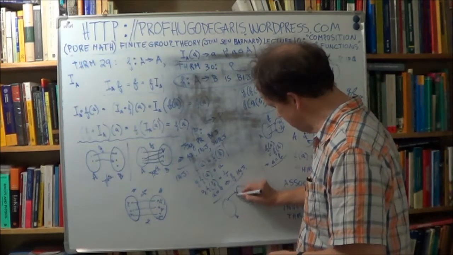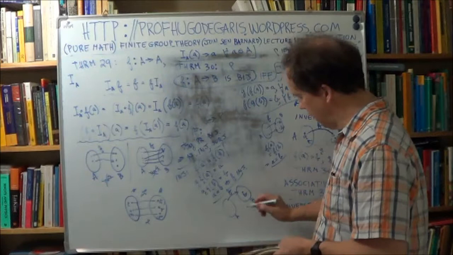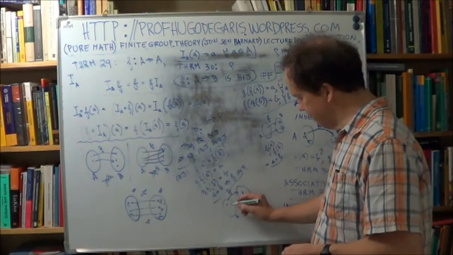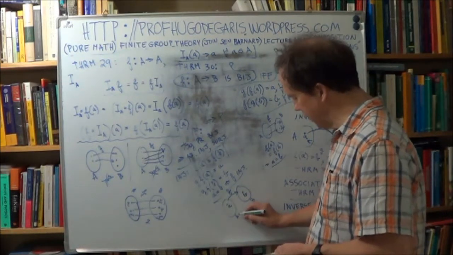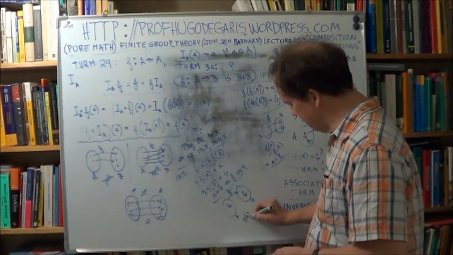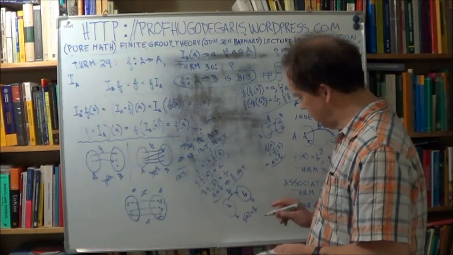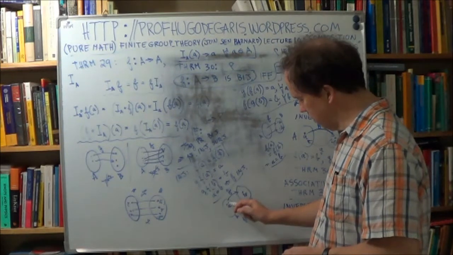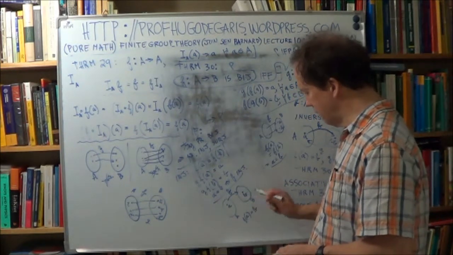Here's your function f, right? And you have to find some element in A, big A, so that f of A equals B. And if you can do that for any B, you can find an A that maps to it.